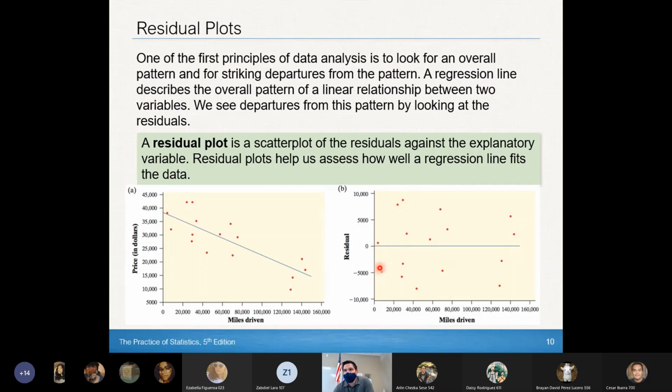These points represent how far away each corresponding point is from the regression line. The more concentrated these points are to the line, the more accurate our regression line is, and the more well it fits the data.